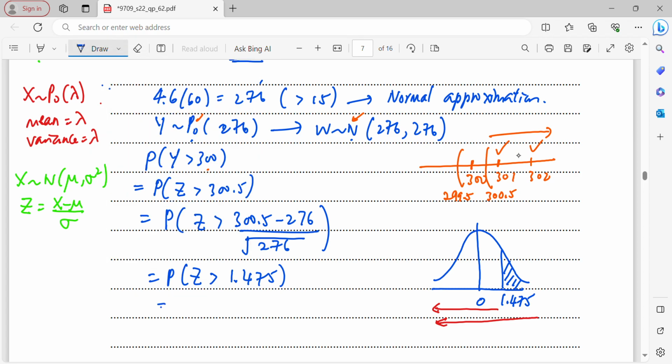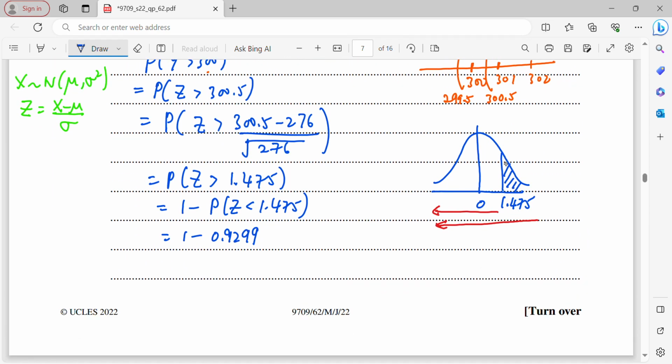Okay, then here is going to be 1 minus P(Z less than 1.475). And now read the probability from the normal table. Then you will get 0.9299, and then the final answer will be 0.0701. So that's the solution for this part.